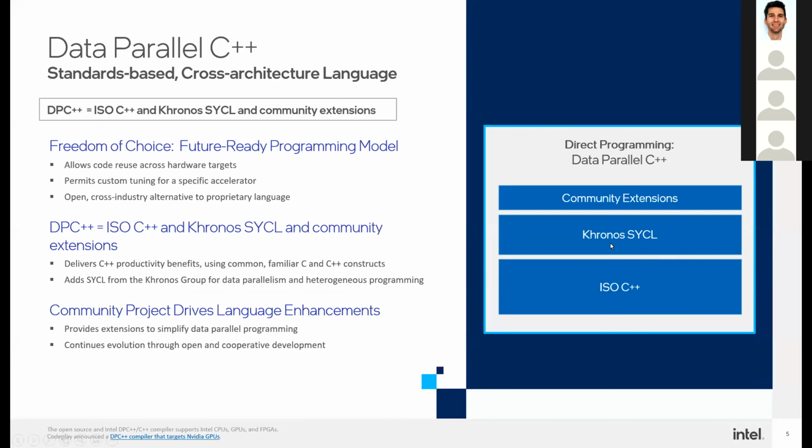The Khronos community, which is a standardization body that has been around for a while, were driving OpenCL, and they're also driving SYCL, a C++ extension which is addressing heterogeneous programming. And on top, Intel has added additional community extensions to C++ and the Khronos SYCL implementation.